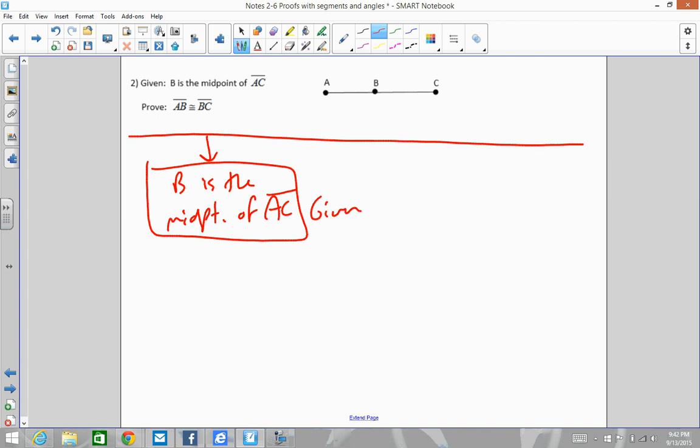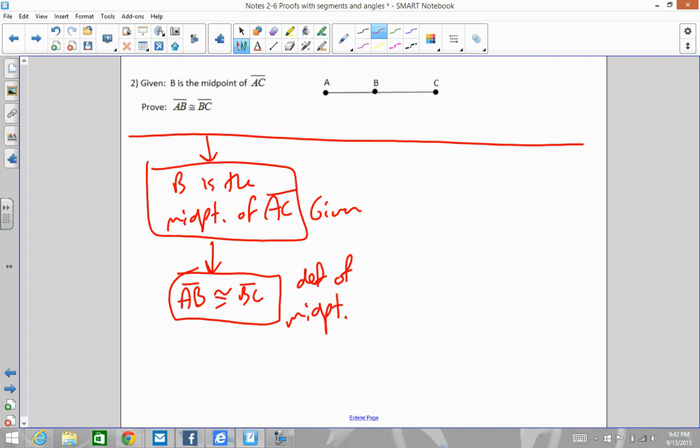And if B is the midpoint of AC, then knowing the definition, remember if the hypothesis of a true conditional is true, then I can say the conclusion is also true, which leads me to AB is congruent to BC, and that is by the definition of midpoint. I abbreviate when I can. So again, have this in your proof. You're going to use these all the time, over and over again. These are the building blocks of all the proofs that we do. You just have to use these in different places to do different things.